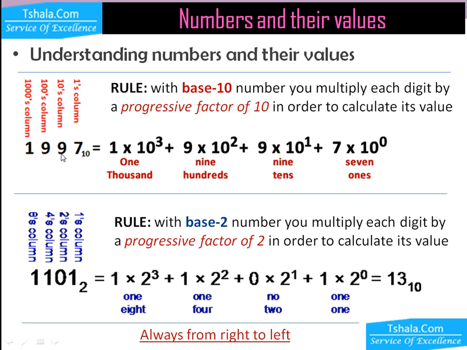We have 9 tens, 9 hundreds, and we have 1000. At the bottom is exactly the same thing, but that is the value of a binary number, always from right to left.